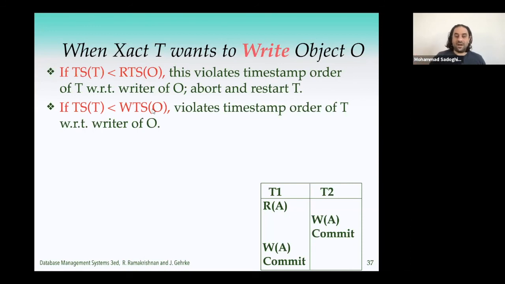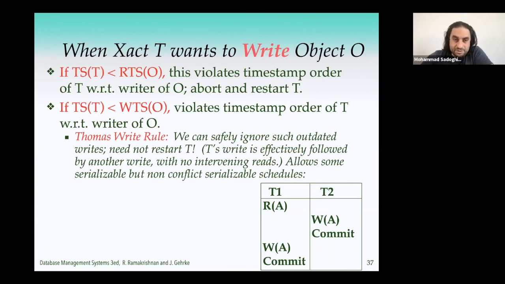So basically, if I'm trying to write to an object that has already been read by a newer transaction, it fails. If that object has been written by a newer transaction, it also fails. In other words, if the object has either been read or written by a newer transaction, my update will not go through.